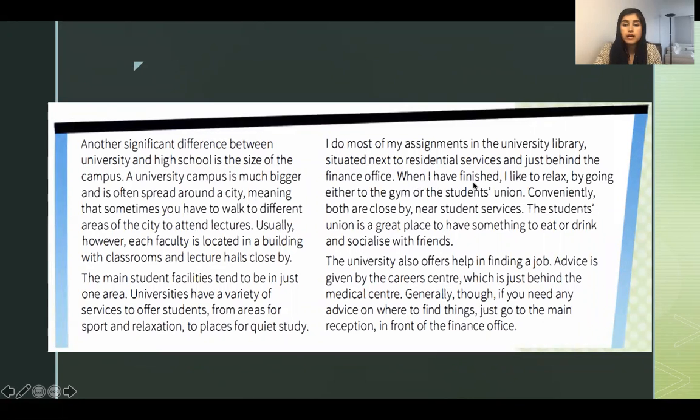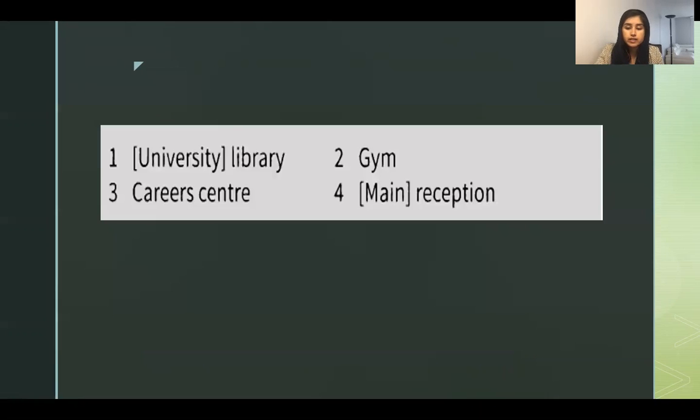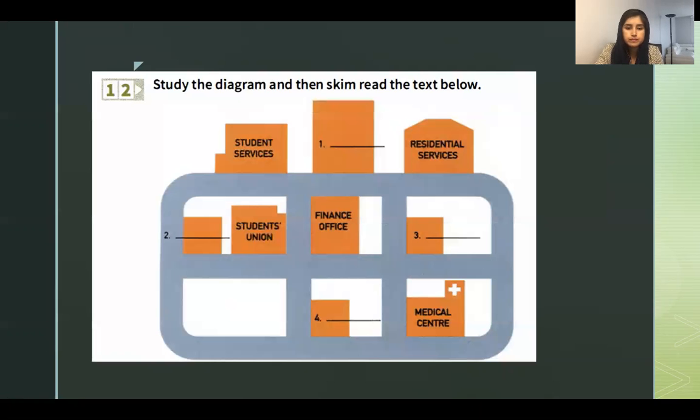So when I have finished, I'd like to relax by going either to the gym or the student union. Conveniently, both are close by. So we know the gym and student union are beside each other. Oops. Here, so the student union is here, so it is the gym most probably.